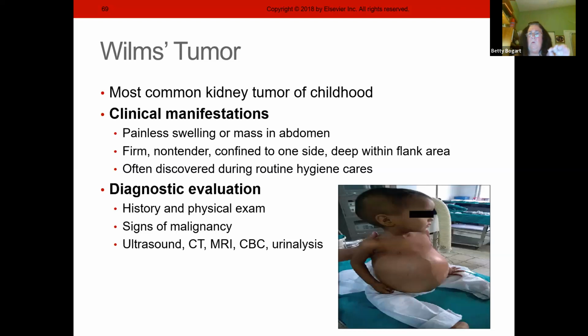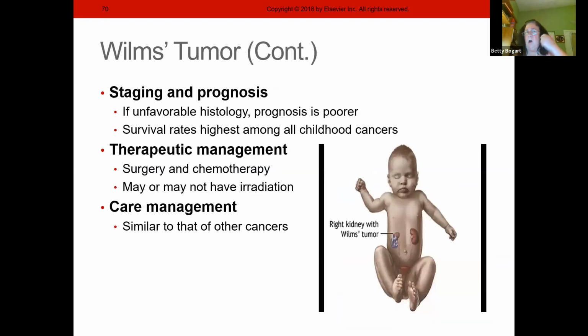The thing about Wilms tumor is that it comes off the kidney. You really don't see pain in these children. It's usually that assessment where you find it, then they'll do some sort of x-ray and, of course, a CBC, to see where the cancer is, because it is cancer, and see where we're going with it.